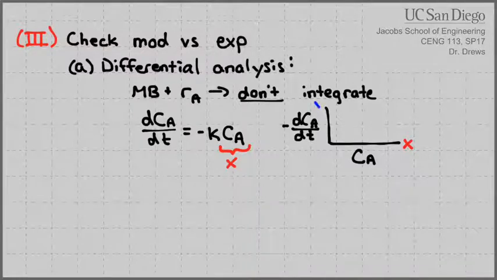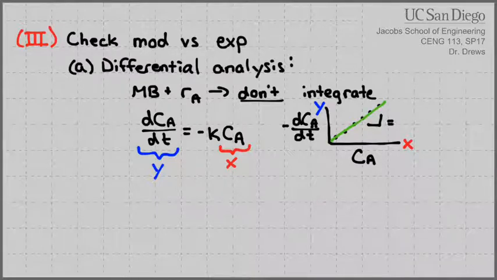So I'll make that one blue. Presumably, if we plot minus dCA/dt versus CA, we should get a straight line of data points where the slope of this line is equal to k.